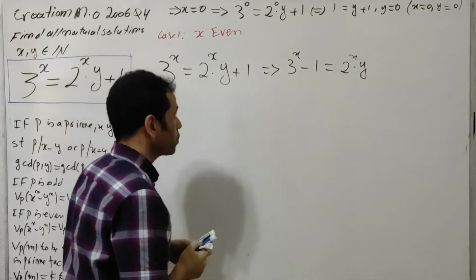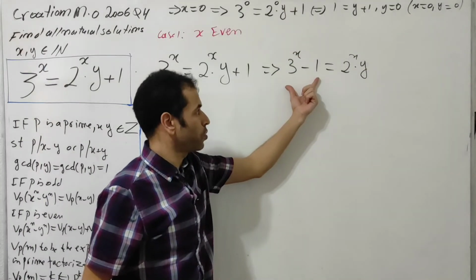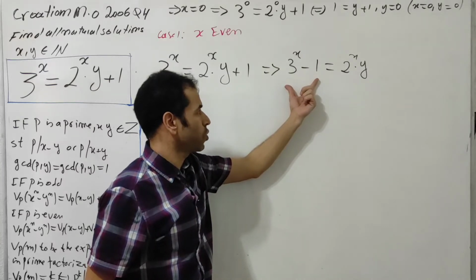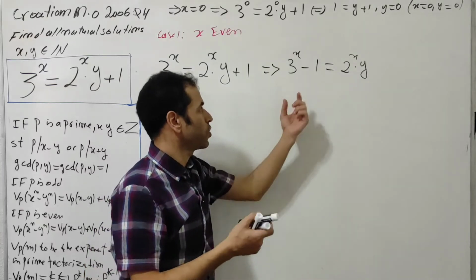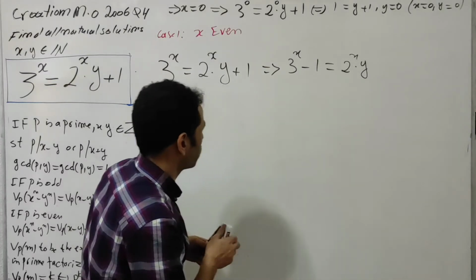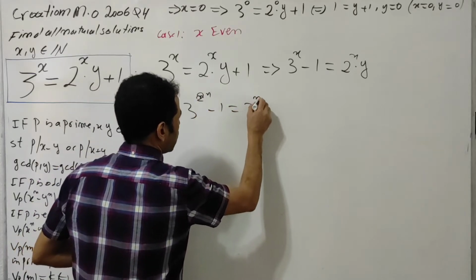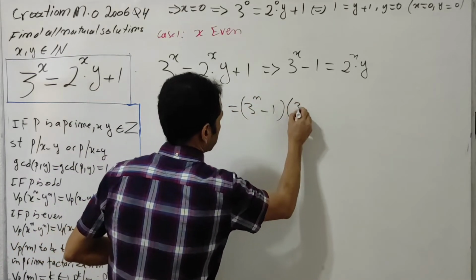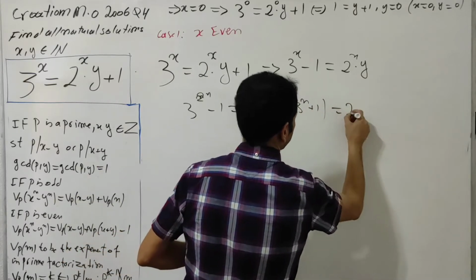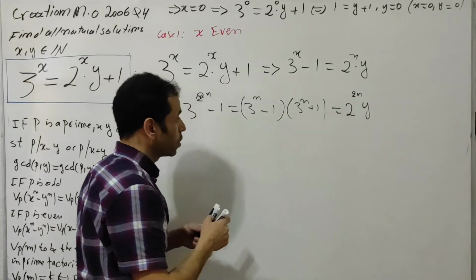As we know, x is even, so I will have a factorable polynomial here that I can factor in the form of a difference of squares. So I will have 2 terms on this form: 3 to the 2n minus 1 equals 3 to the n minus 1 times 3 to the n plus 1, equals this term, for example 2 to the n, because x is even.